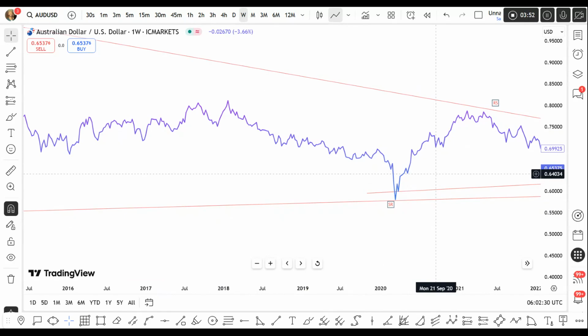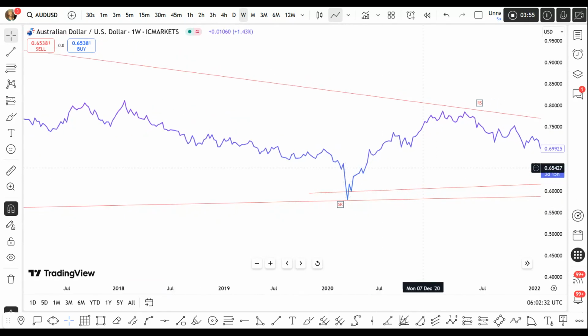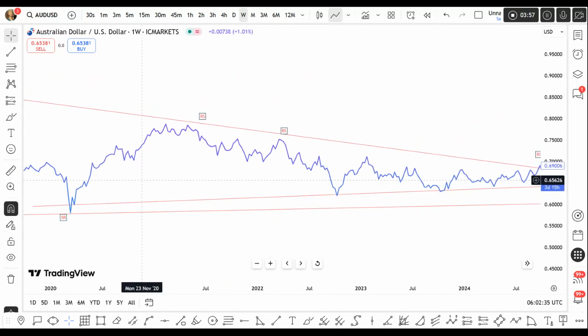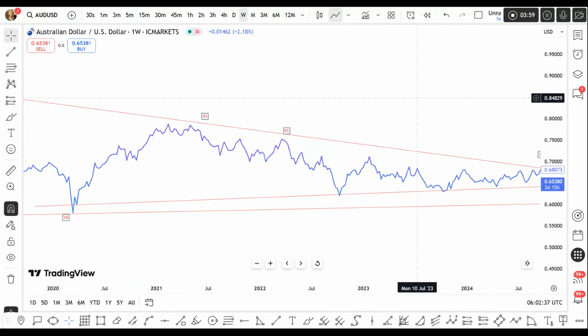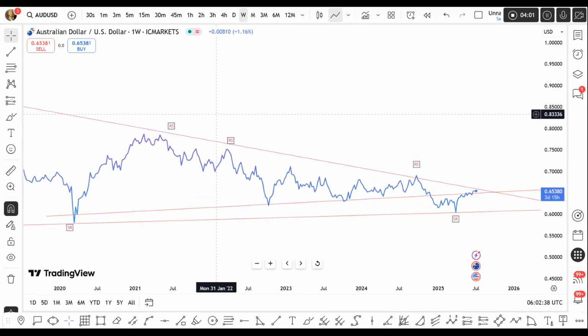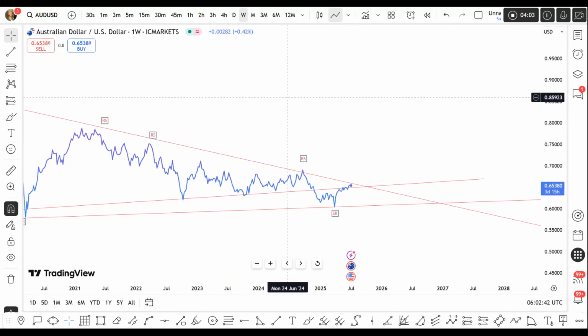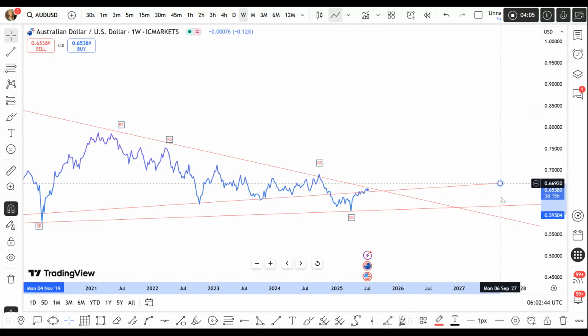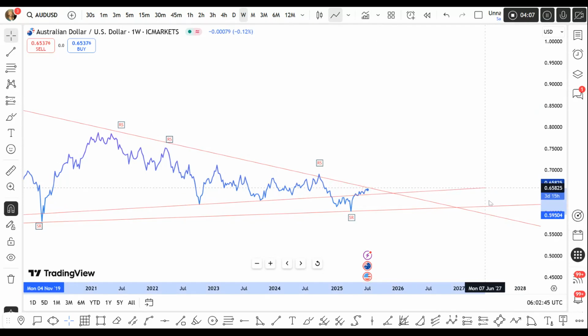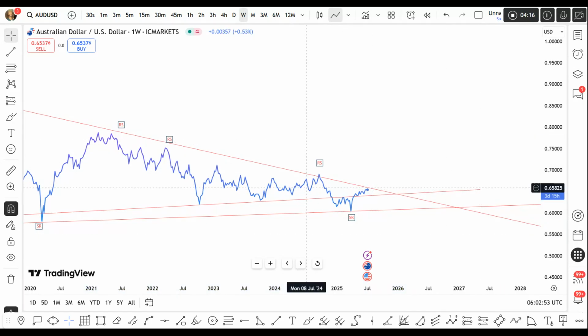There is a support at this level. You can see it. Here is another support, 2022. And there's a breakout from the trend.